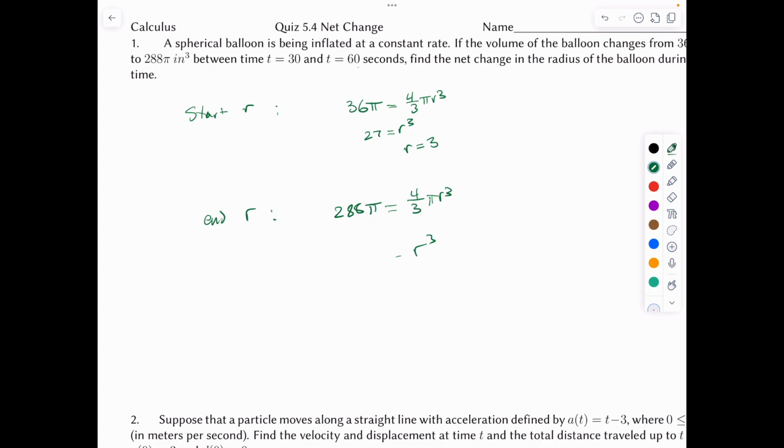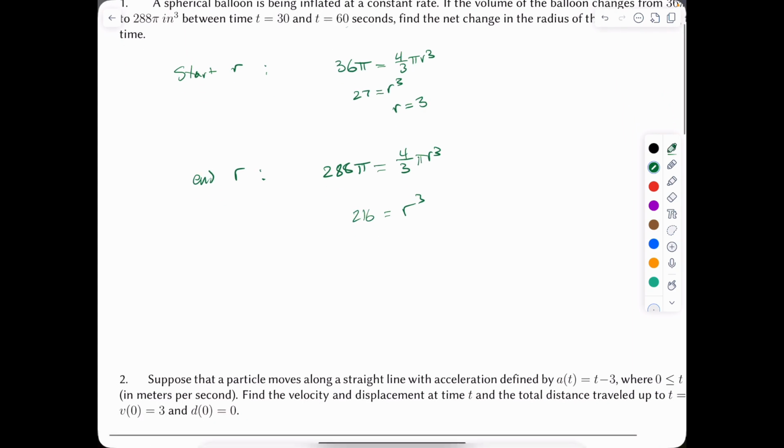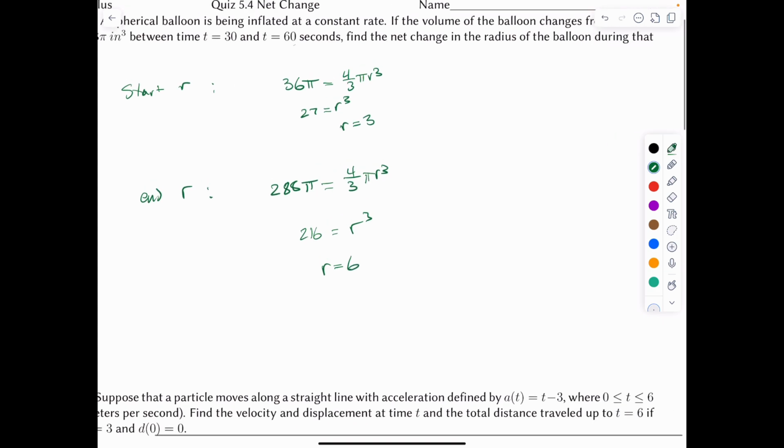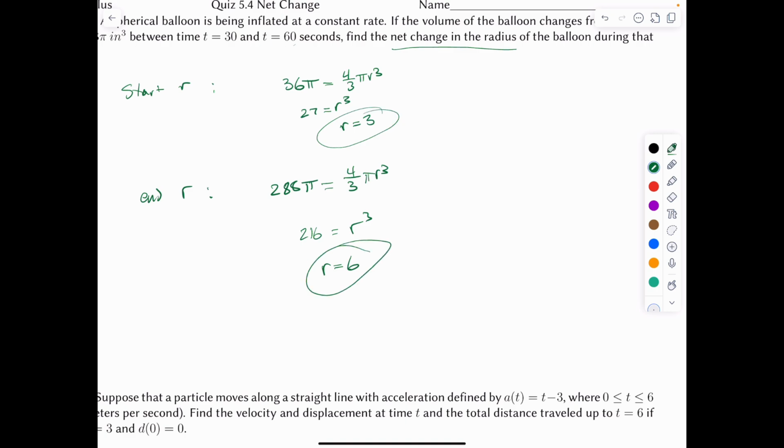So r cubed is whatever 72 times 3 is, 216. All right, that works. Okay, so r here is 6. So the net change in radius, it goes from 3 to 6. The answer is 3.